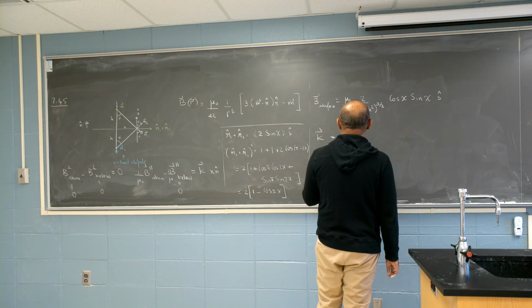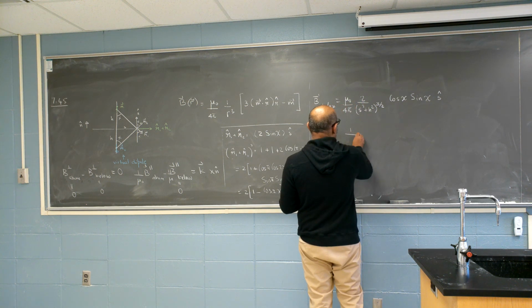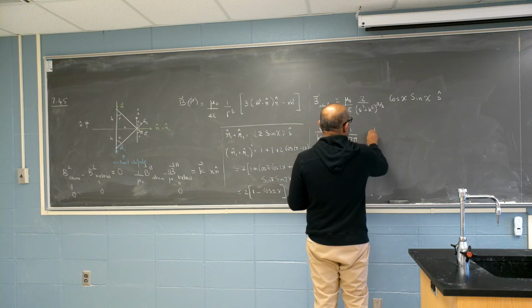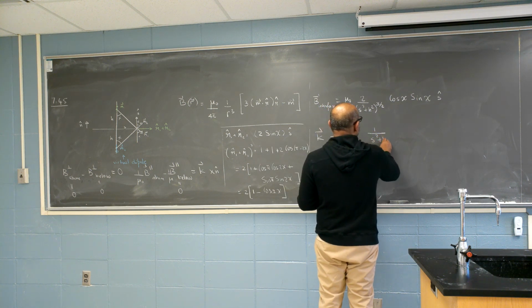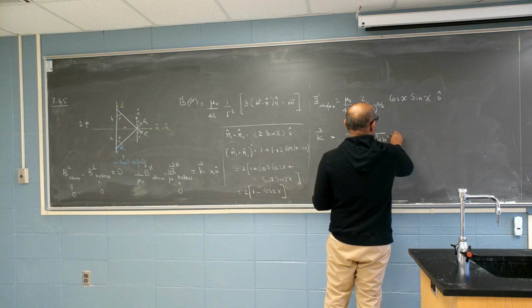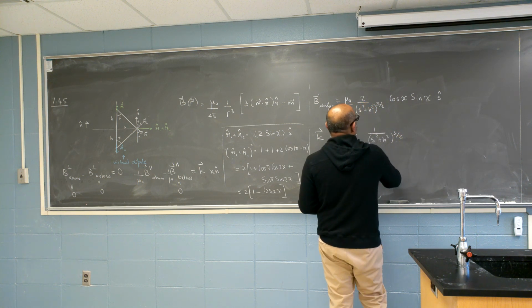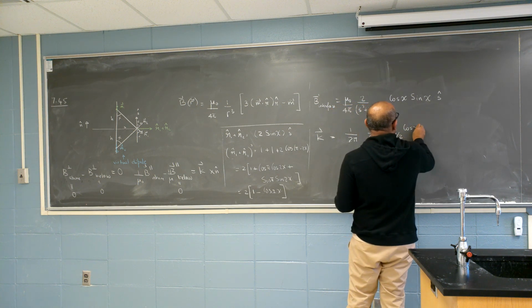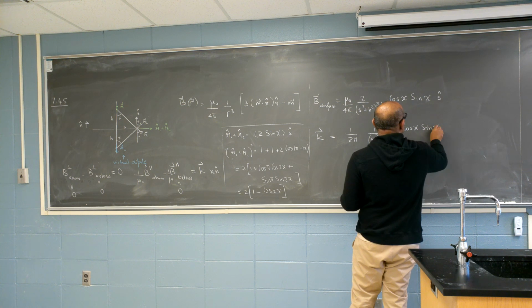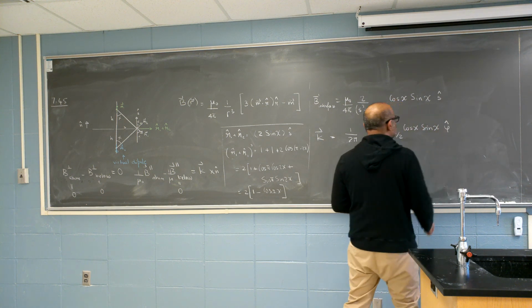The mu 0 goes away, so I have 1 over 2 pi, over s squared plus h squared, cosine chi sine chi phi hat.